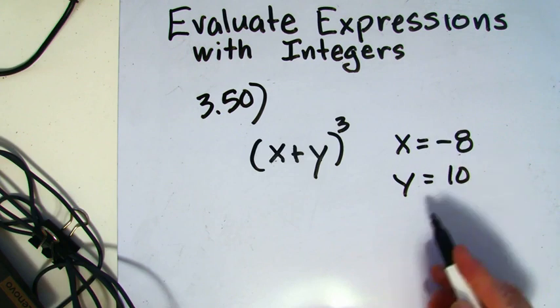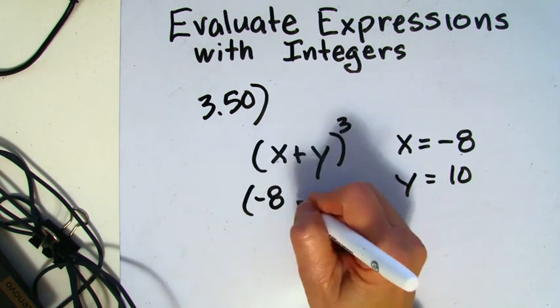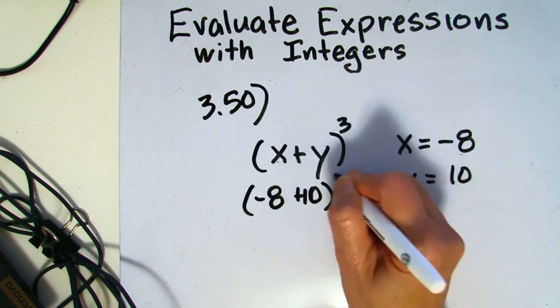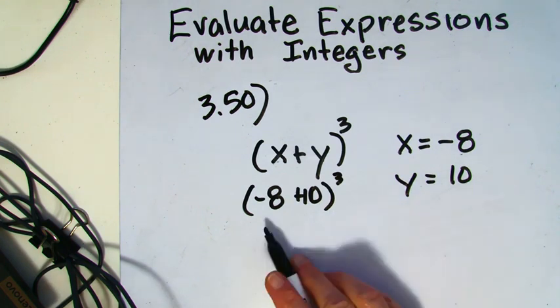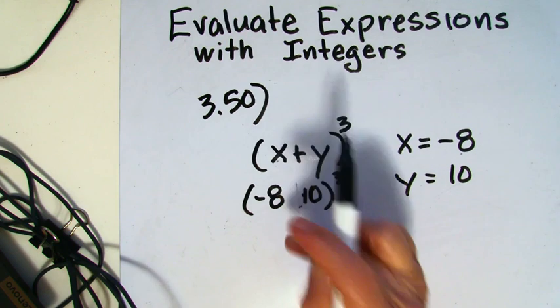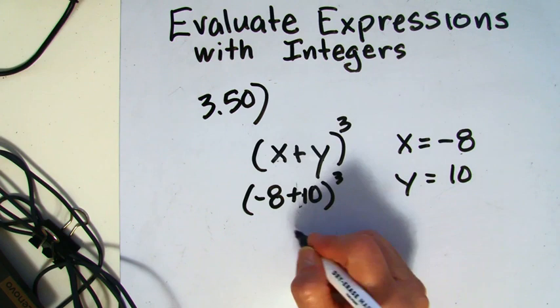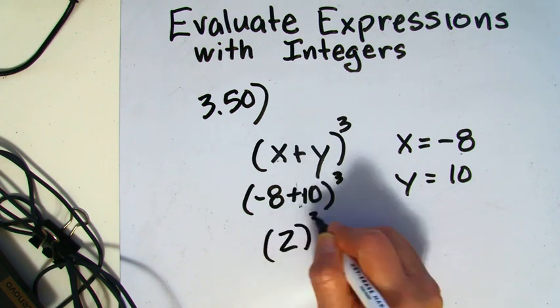So before I do anything, I'm going to plug in -8 plus 10 and then I've got my cubed mark there. I need to solve what's inside the parentheses first. It's a little confusing. That's going to be a positive 2, so 2 cubed.